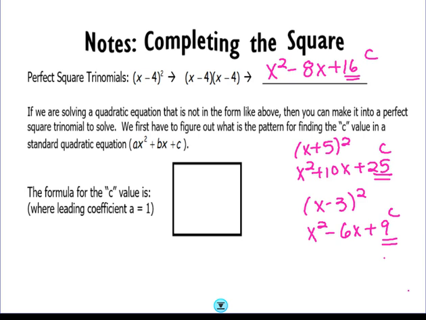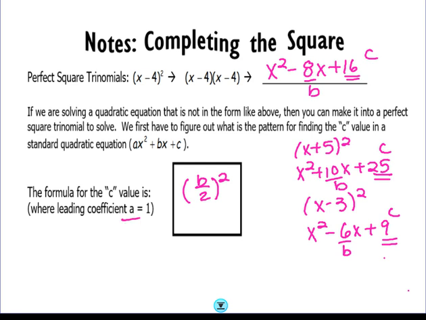So if we look at the relationship between b and c in all of these, you might notice that c can be found by taking half of b and squaring it. So that's how we're going to complete the square.